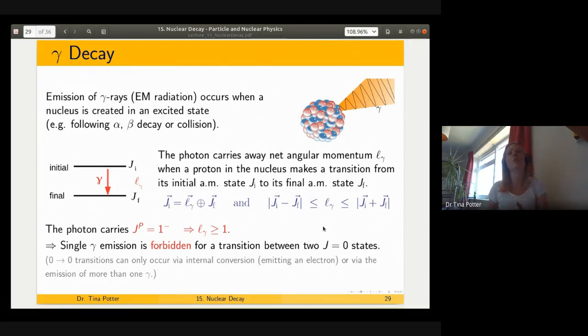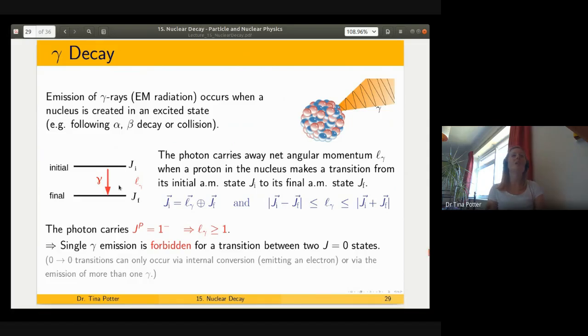That daughter nucleus is produced in an excited state, and it will go down into its ground state via gamma decay. So we've got some initial state sitting at higher energy, some excited state, and it drops down to the ground state, or some way along the way, via the emission of a photon.